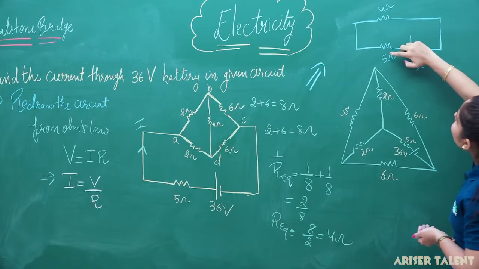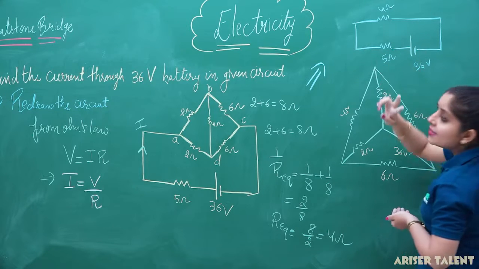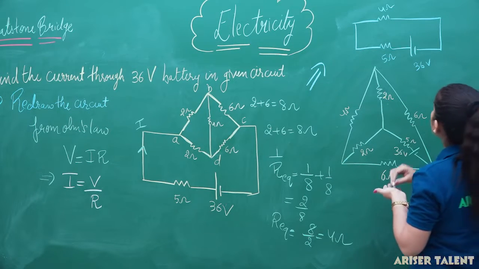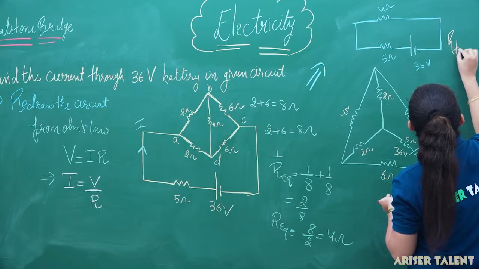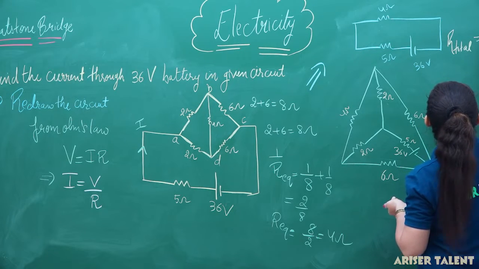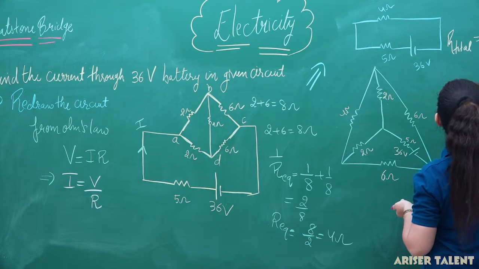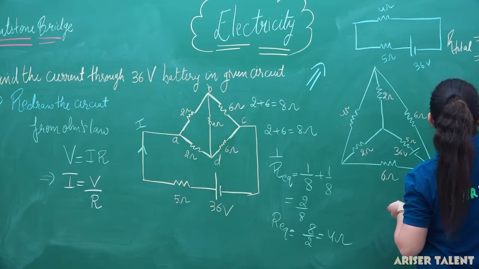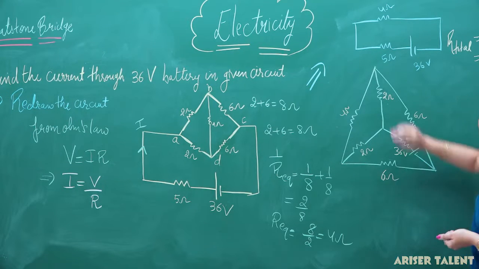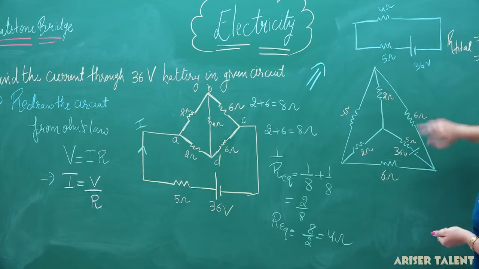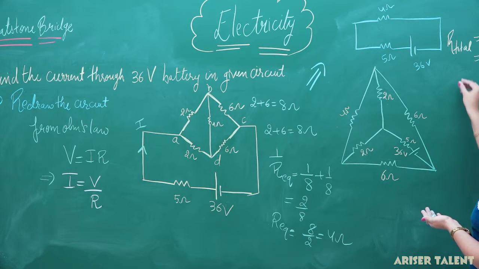Now you can see that 5 ohm and 4 ohm are in series connection with each other. So we can calculate here R total will be 4 ohm plus 5 ohm, and it came out to be 9 ohm because these two are in series, and the voltage here we have is 36 volt.